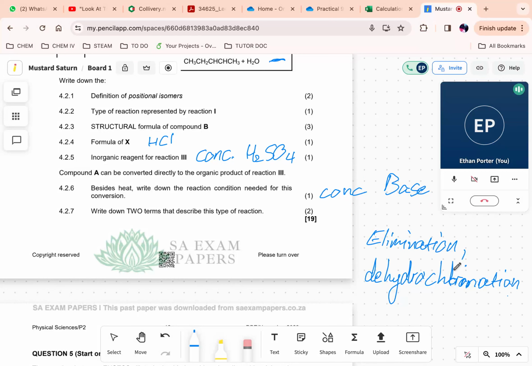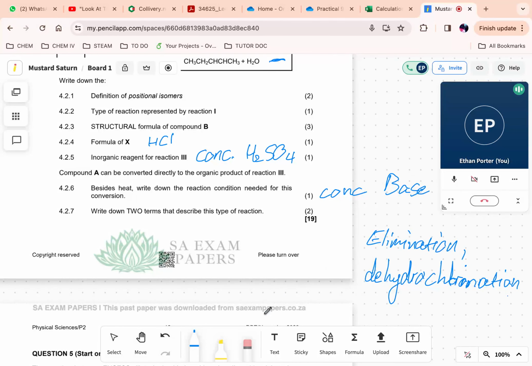Dehydrochlorination. Yeah. So that's also correct. And just as we halogenated it or hydrohalogenated it, you could also say dehydrohalogenation, because you're removing the halogen atom, which is the chlorine.